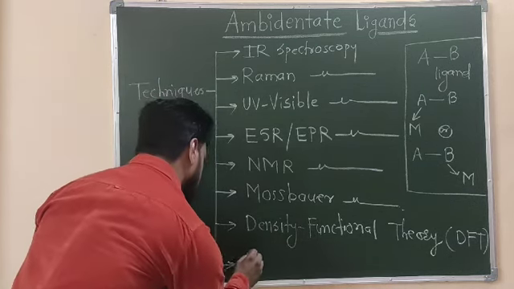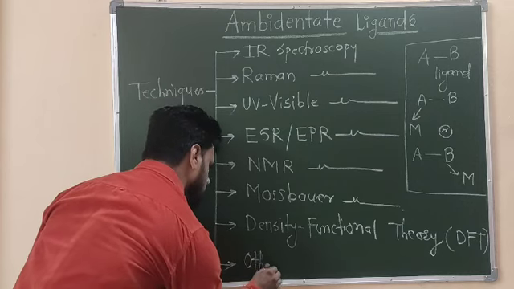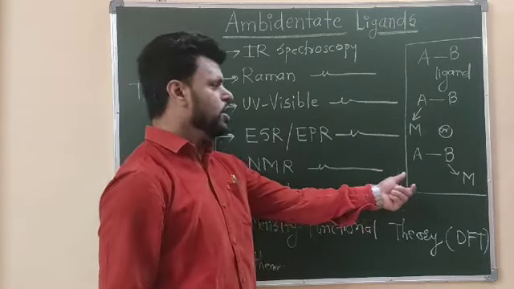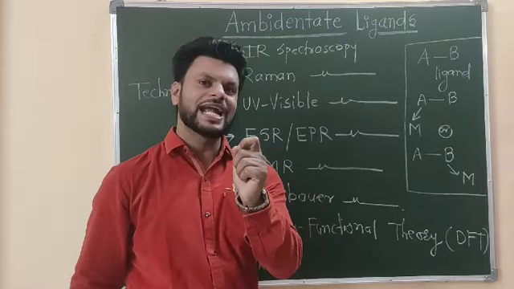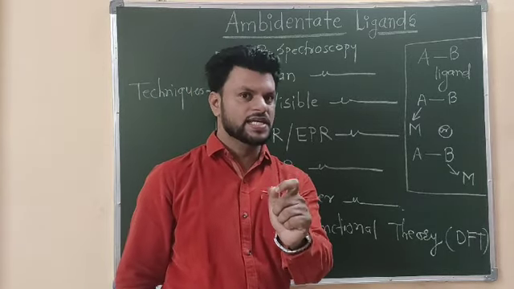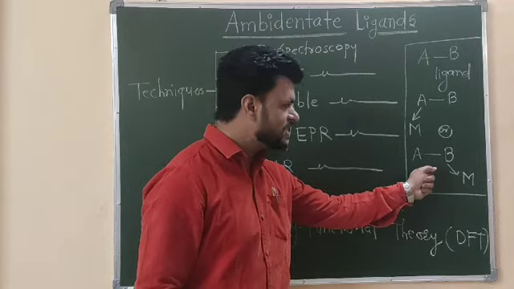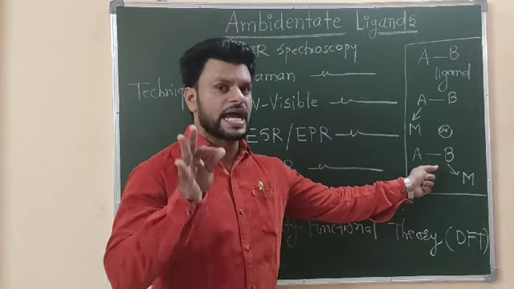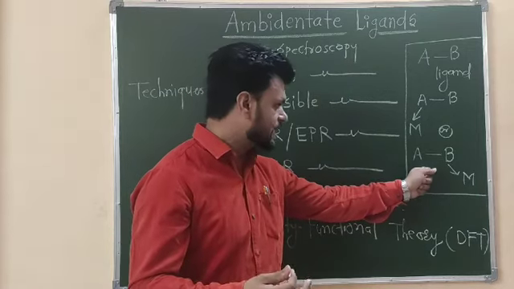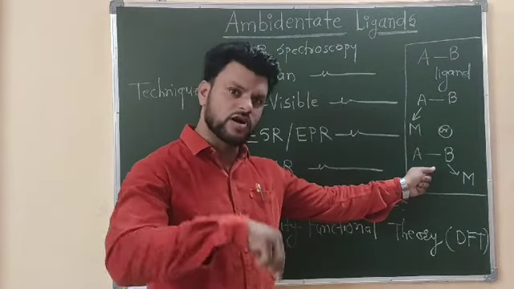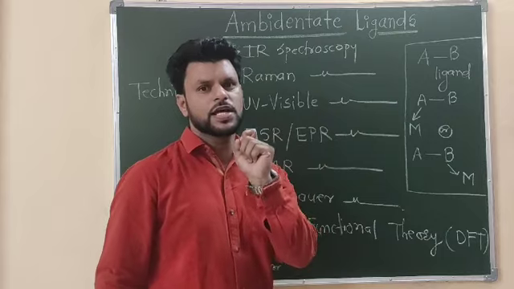Various other techniques might be used, because when a bond forms, it should be very clear which atom is actually forming a linkage with the metal, because based upon that, the physical as well as chemical characteristics of the formed complex will usually depend.